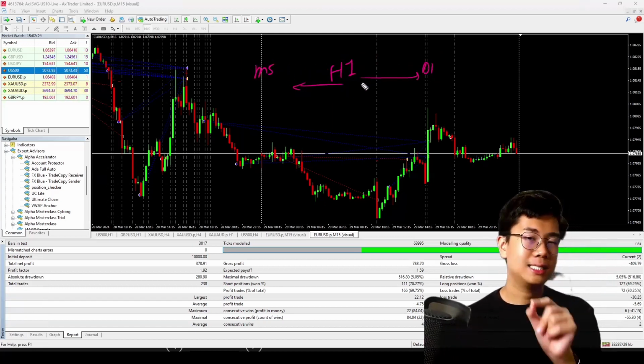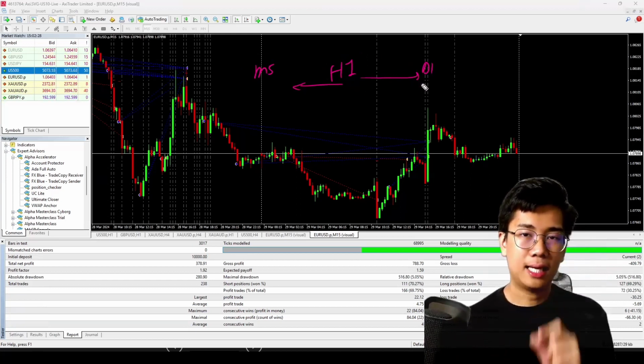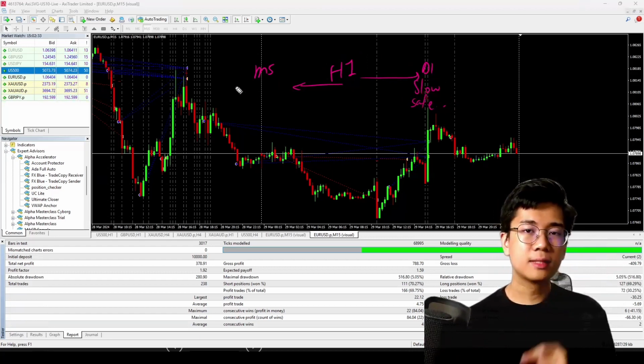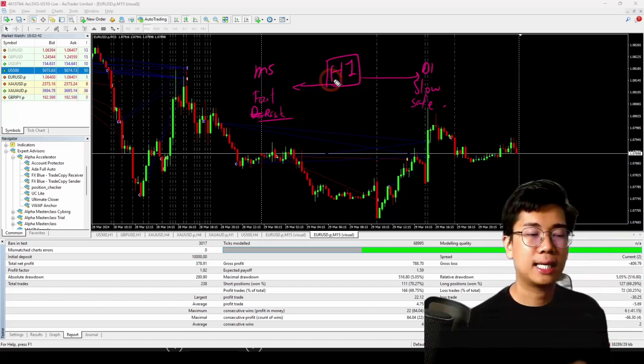Daily may be a bit slow, but safe and very consistent. 5 minutes is going to be very fast, but it's in danger, I mean, high risk. So 1 hour is just nice in between.